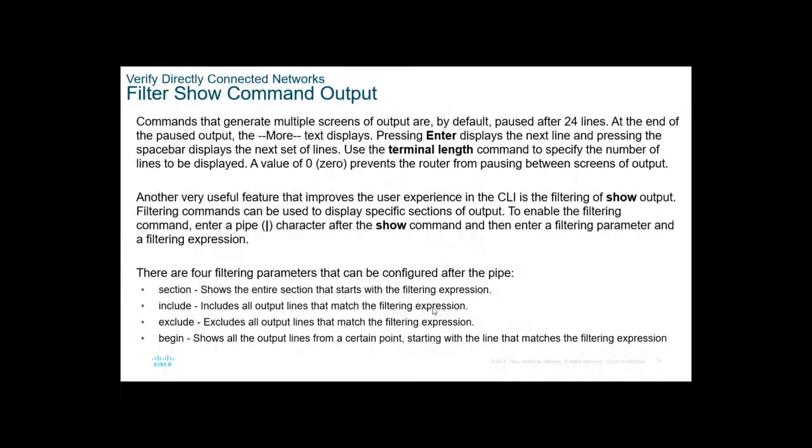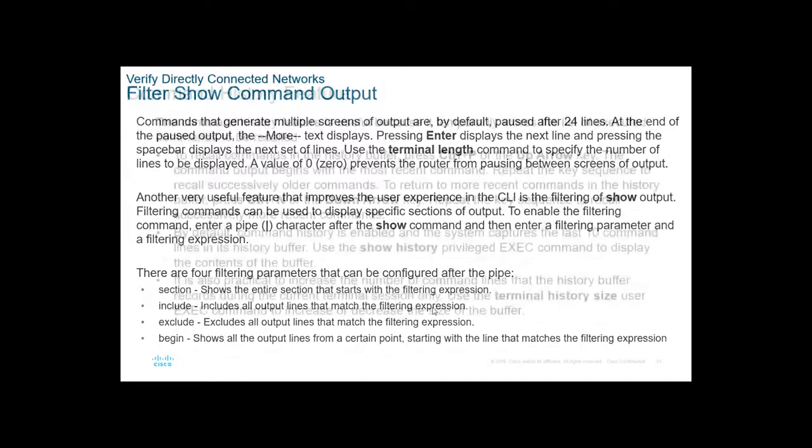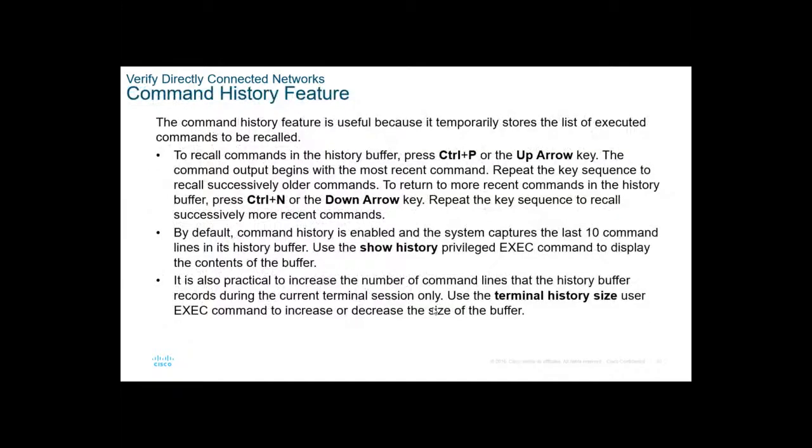We can filter a show command. We can type show something, and it may be pages and pages. So we can use the pipe character, like show run pipe I for include VTY, and it'll just show those lines that have VTY in them, instead of having to look through several pages.